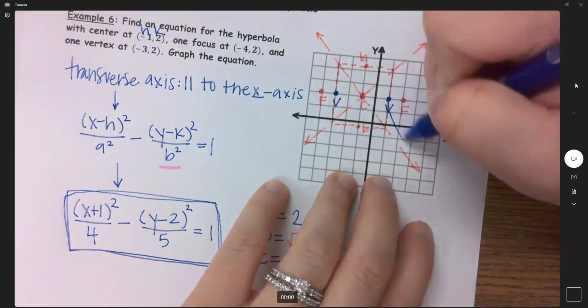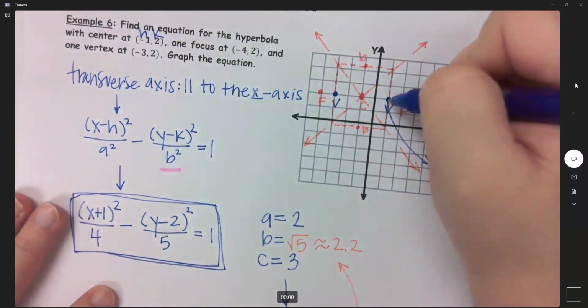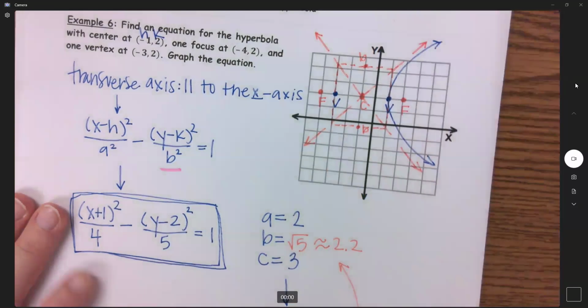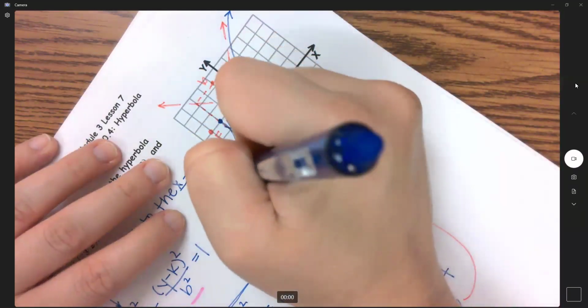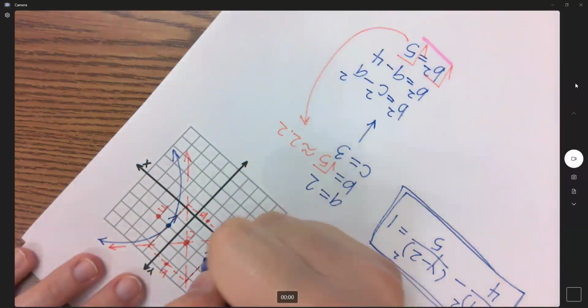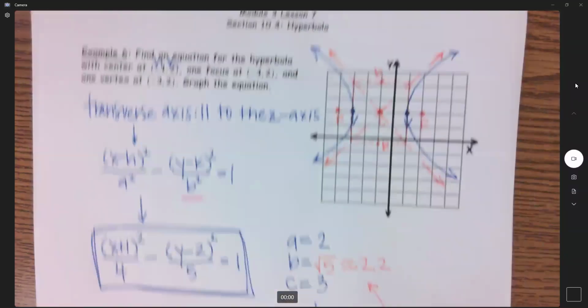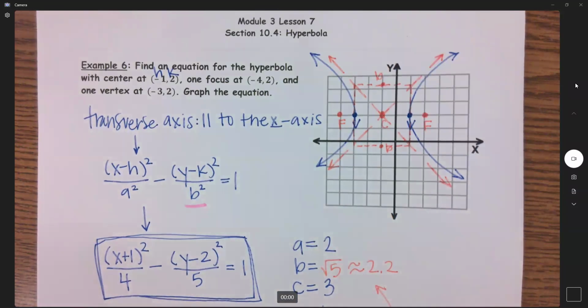And there's one half. And my other half. So there is my graph. Really just those blue lines, not anything in red.